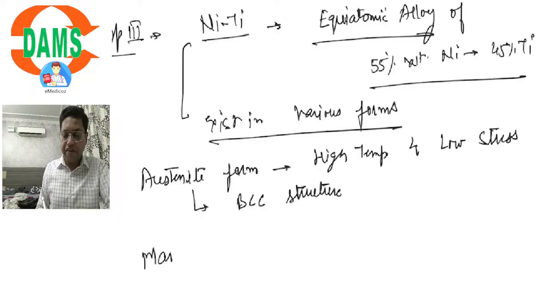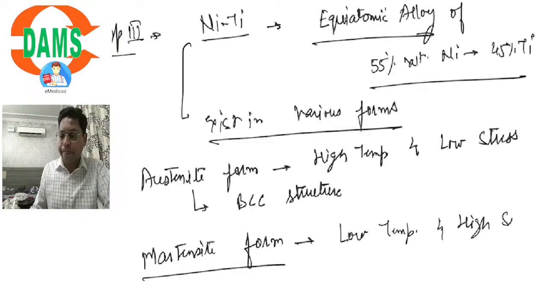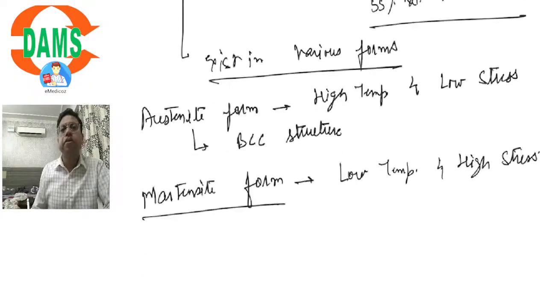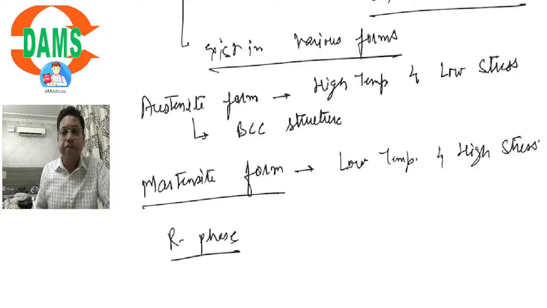Then we have the martensite form of nickel titanium. The martensite form is the form of nickel titanium that exists at low temperature and high stress. Then in the transition between martensite to austenite and vice versa, we have the R phase, the intermediate phase.